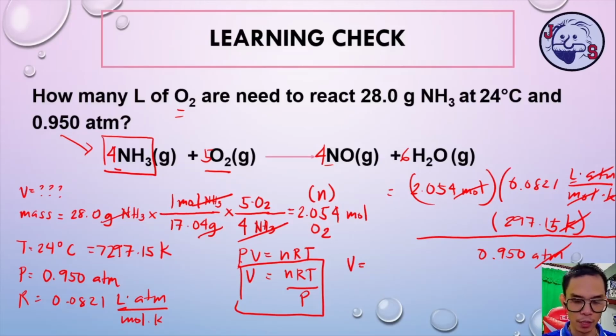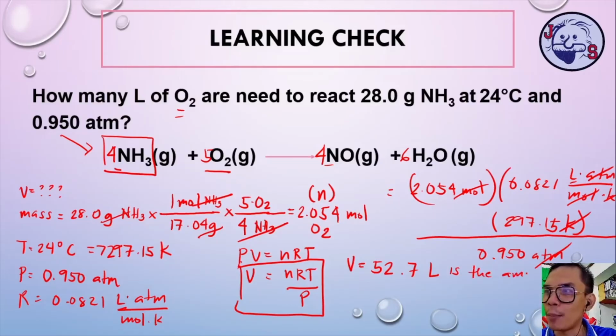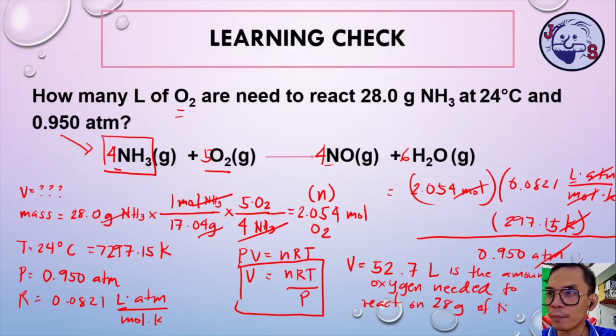Divided by 0.950, the answer will be 52.7 liters. 52.7 liters is the amount of oxygen needed to react on 28 grams of ammonia.